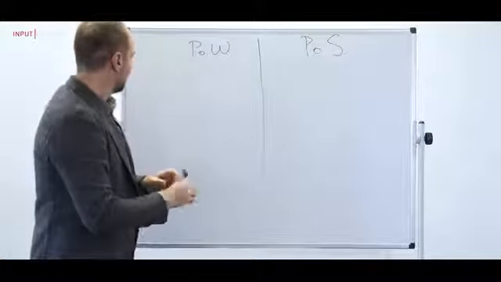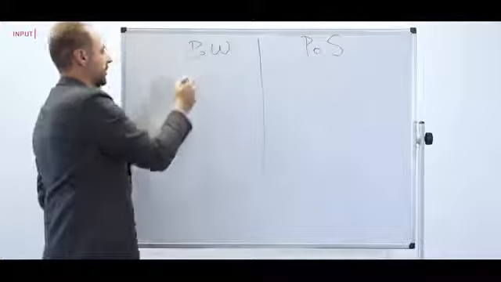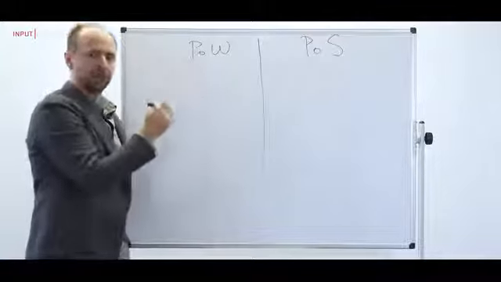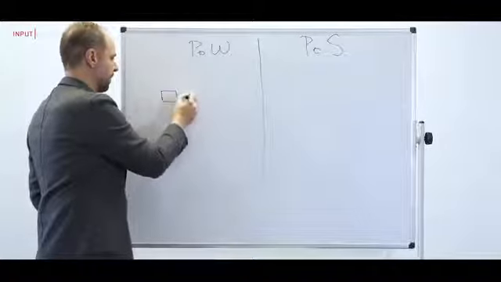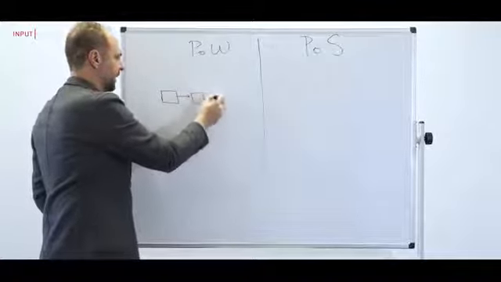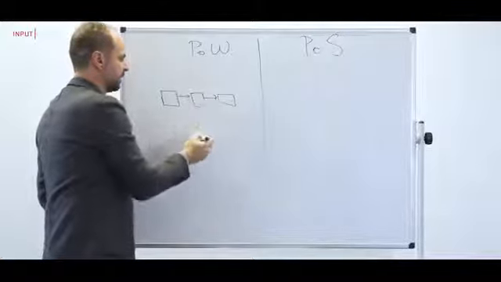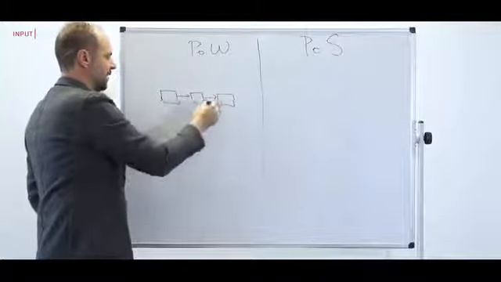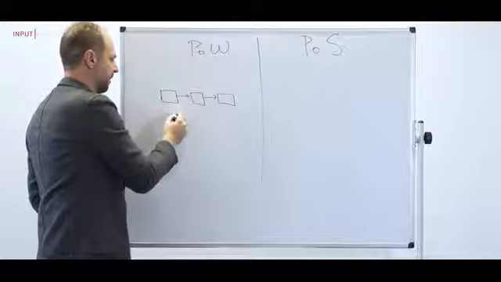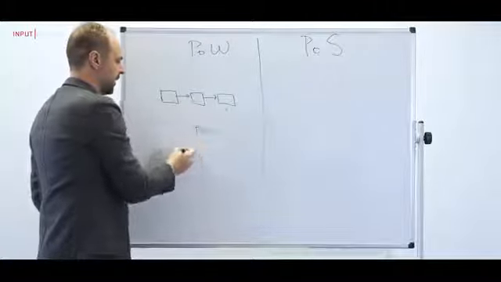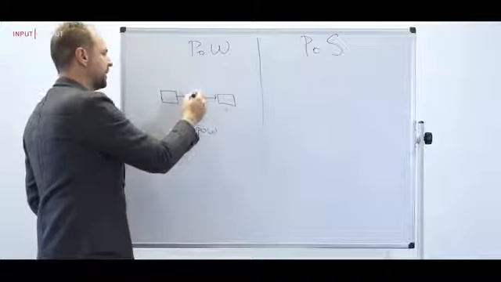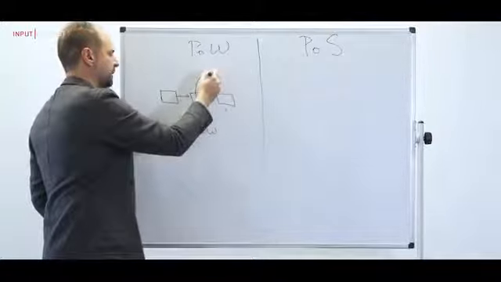So in a proof of work based solution for a ledger, like that of Bitcoin, you have a genesis block, which then is extended by parties as they find proof of work. Each of these blocks is a proof of work, and inside here you have a number of transactions.